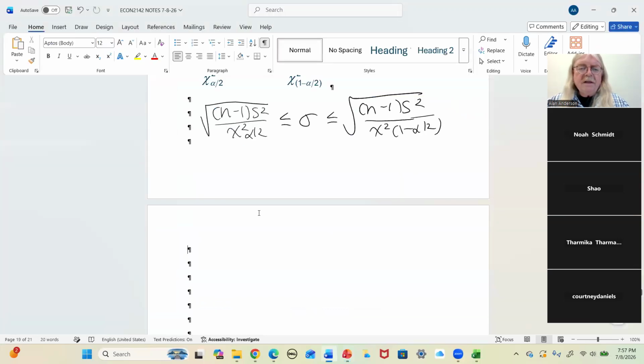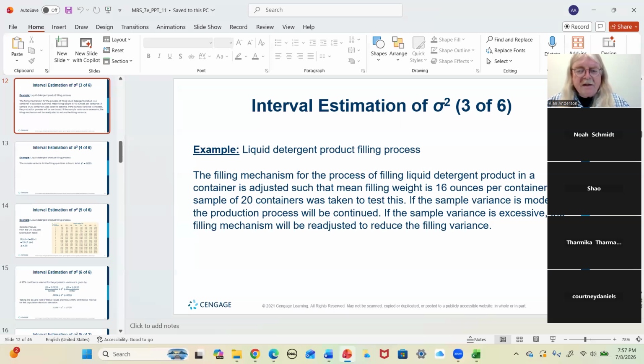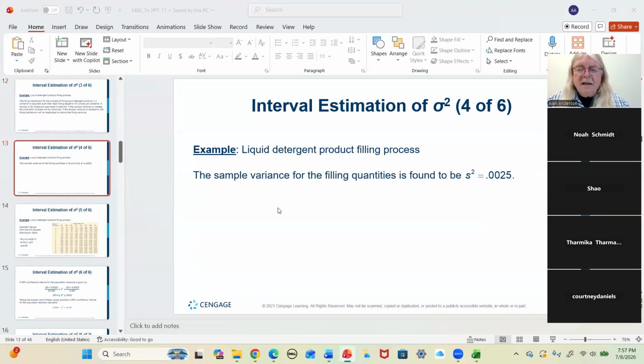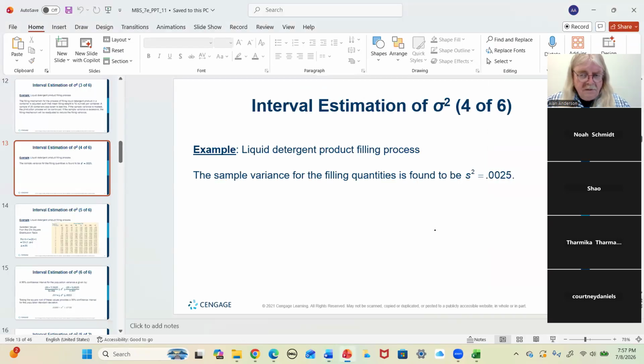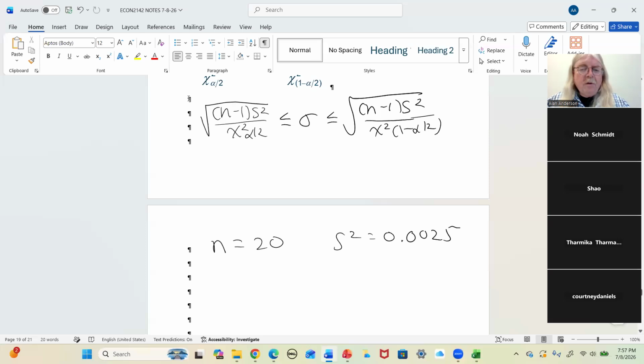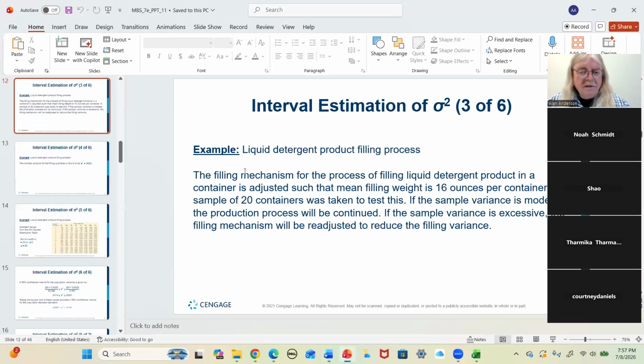They have a sample of 20 containers, and then they finally, in the next page, get around to telling you that the sample standard deviation is 0.0025. But they also want us to know that if the sample variance is excessive, we'll adjust the mechanism. That means that the amount in each bottle is not consistent.